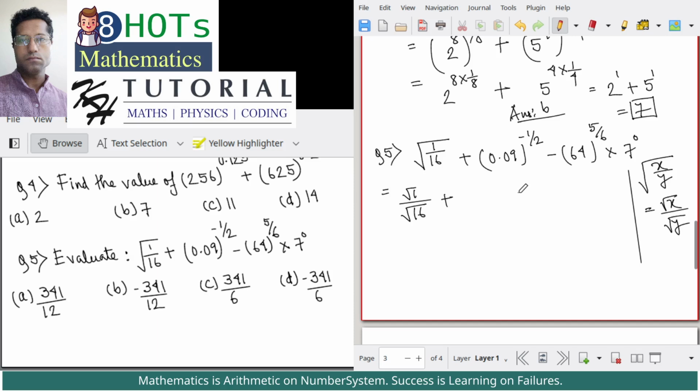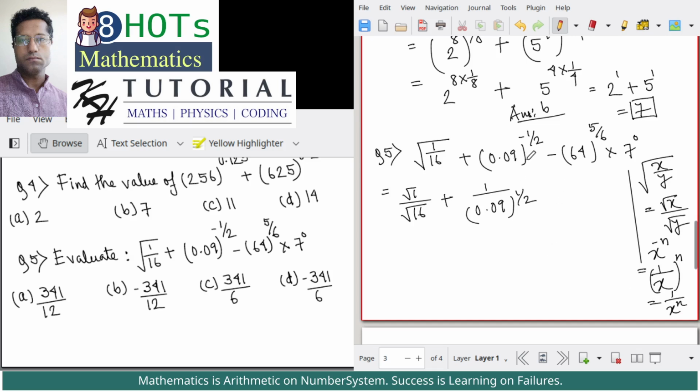So let's get rid of the negative powers. So this will be 1 by 0.09 to the power half. That is applying the concept that x to the power minus n, if we have a negative power, then it is equal to taking the reciprocal of the base, and then the nth power of the reciprocal of the base, that is 1 by x to the power n.